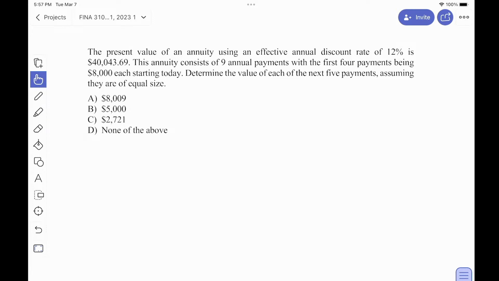Ready? Which one did you pick? After this one, like I said, we'll do a continuous compounding problem.